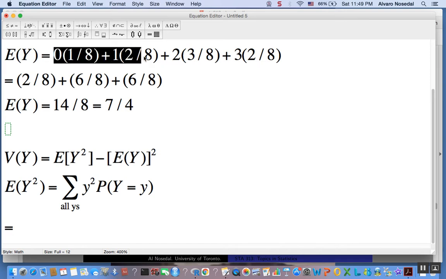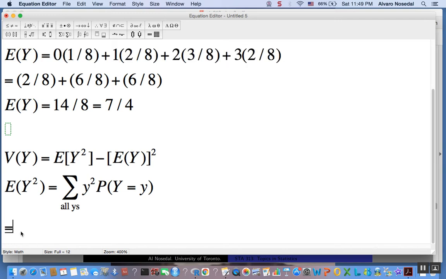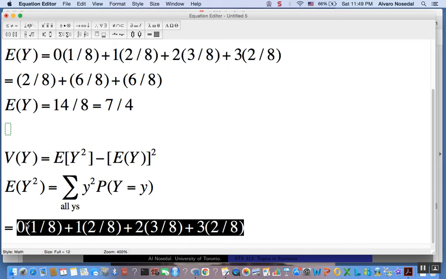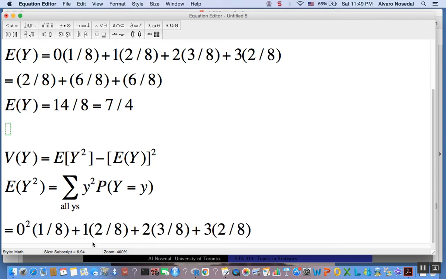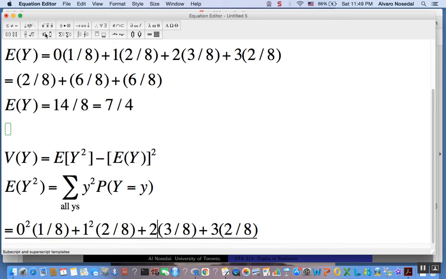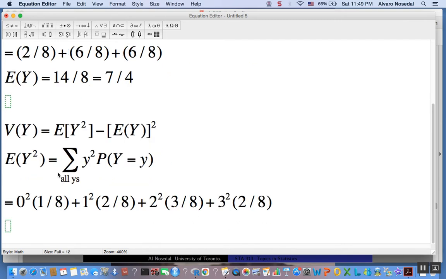Let me copy paste this: 0 squared, 1 squared, 2 squared, and 3 squared. Great.